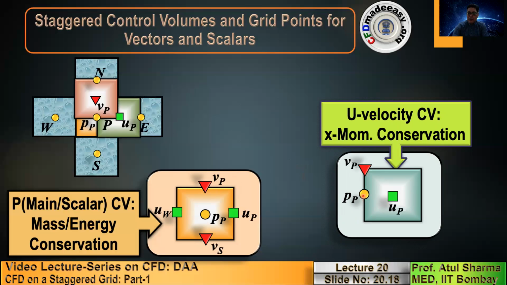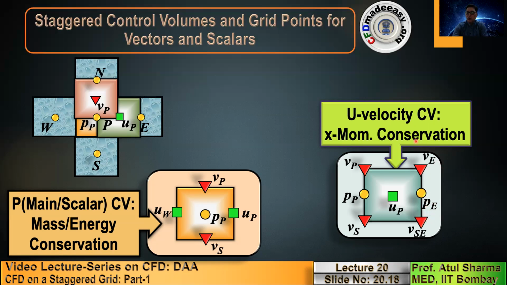Okay, and if this is PP, then this grid point will be PE. If this is VP, this will be VS. This is PE. If this is PE, then the north surface, which is a positive surface, you will have a triangle here, and the subscript for that triangle will be VE, and another triangle will appear here, which will be VSE.